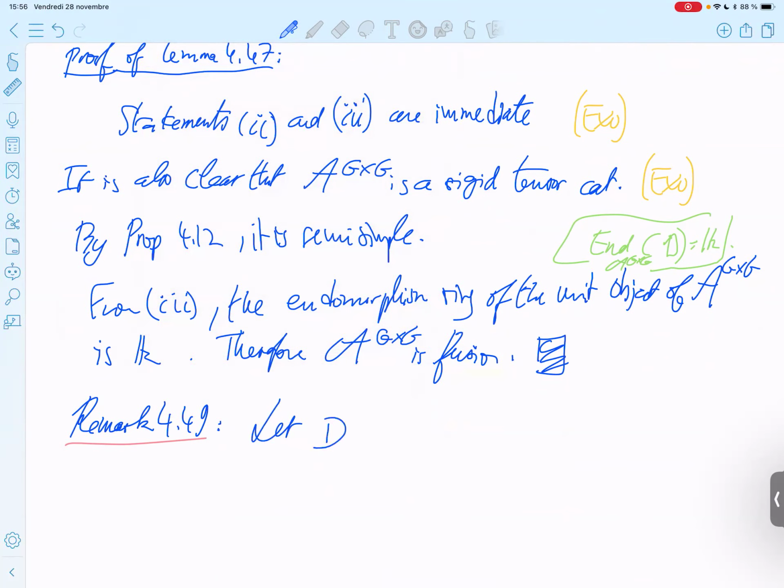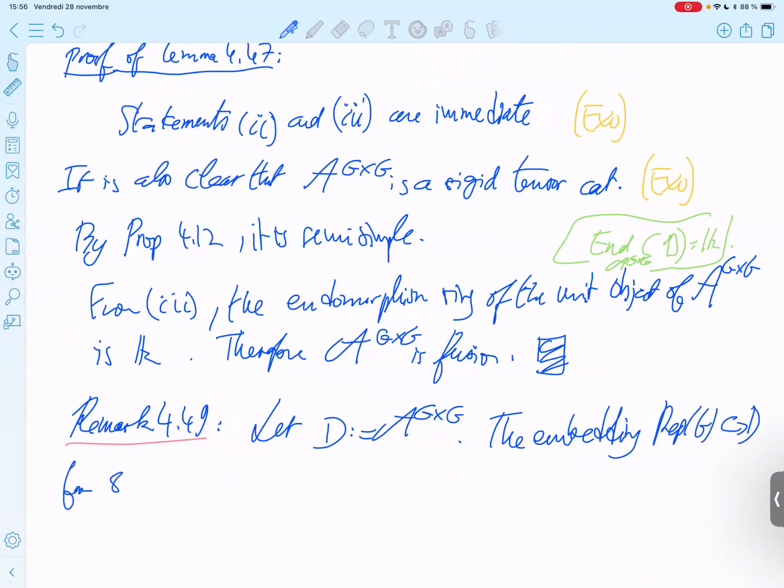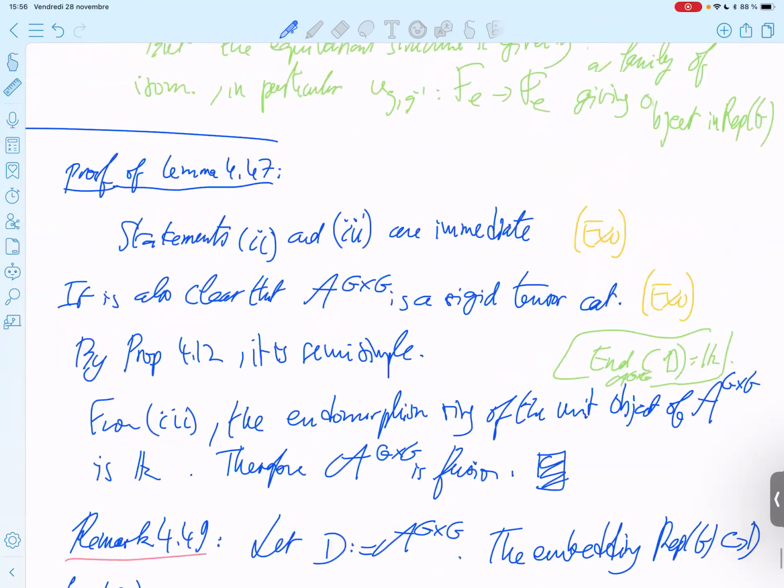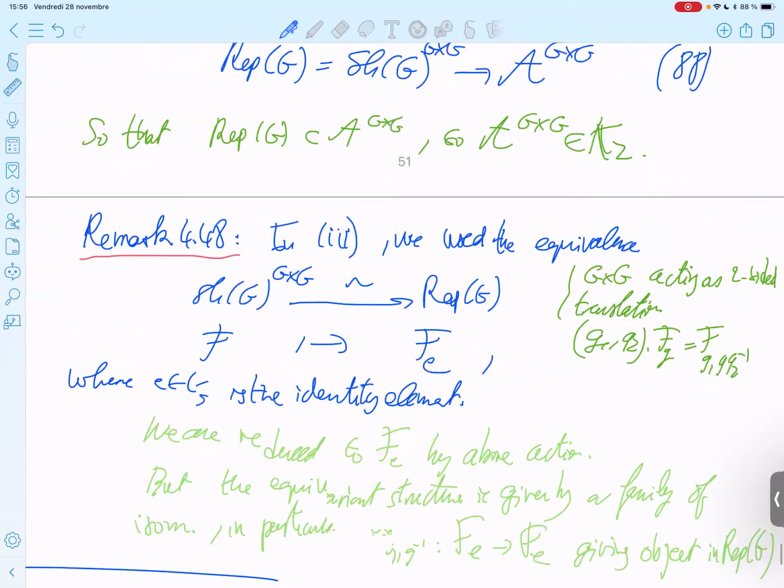Let D be this specific equivariantization. So you have the embedding from Rep G to D, from the previous identity 88, which is here.